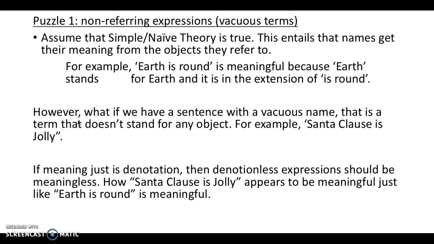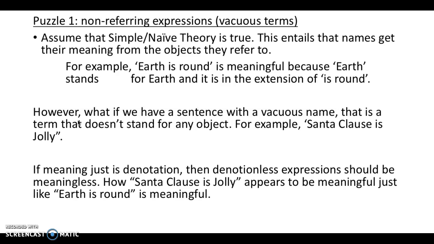The way that this puzzle is generated is along the lines of the other two puzzles. First, let us assume that something like the simple or naive theory is true. If we recall, the simple theory maintains that the meaning of linguistic expressions, in particular proper names or singular terms, are just the objects that the name or term is supposed to refer to.